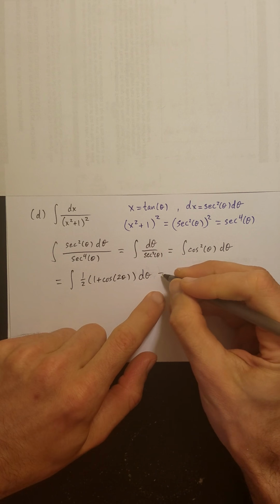Then I need to integrate 1. I need to integrate cosine of 2 theta, so this is 1/2 sine 2 theta. I get a constant plus c, but I'm not in my original variable. I need to end up in x, so I'm going to have to draw some kind of triangle now.